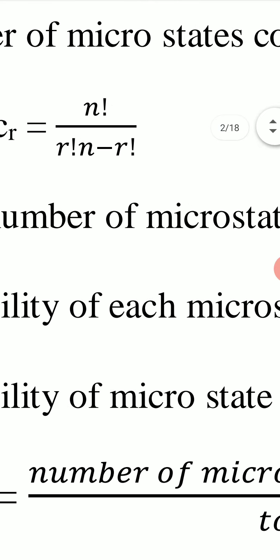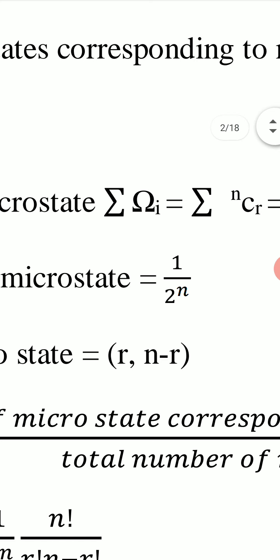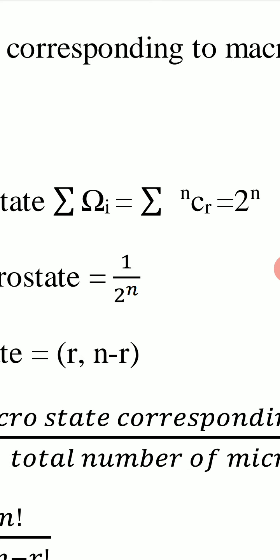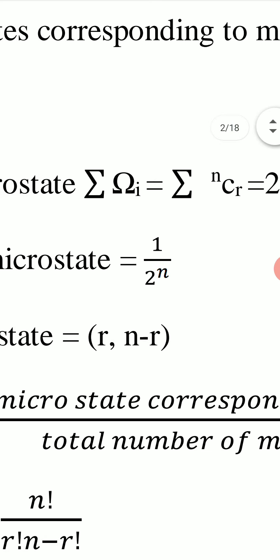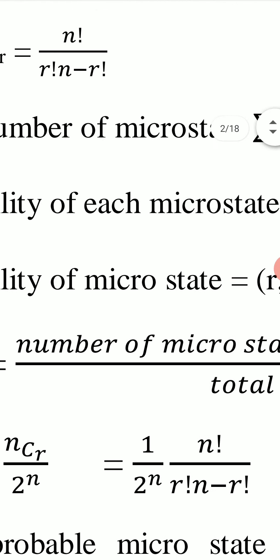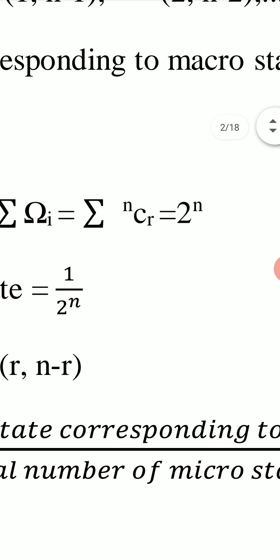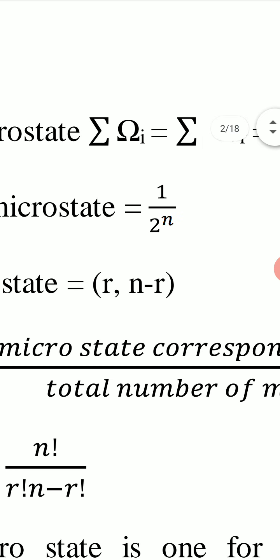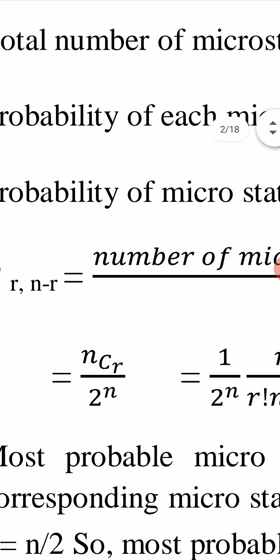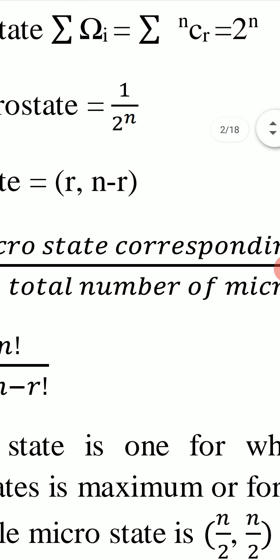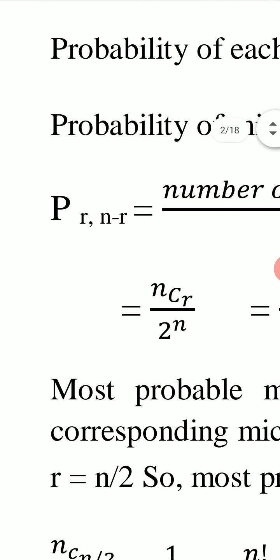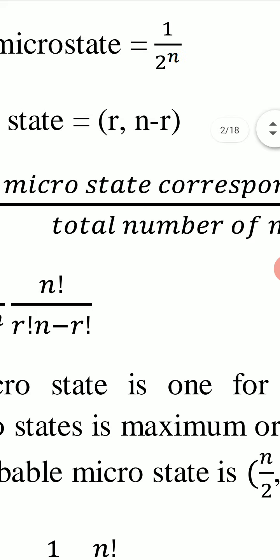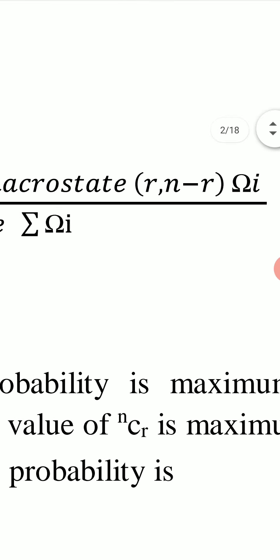The total number of microstates will be summation omega i, and omega i is NCR, and the summation of NCR will be equal to 2 to the power n. If the total number of microstates is 2 to the power n, then the probability of each microstate will be 1 upon 2 to the power n, and the probability of microstate (r, n minus r) will be written as p(r, n minus r), and it is equal to omega i upon summation omega i.